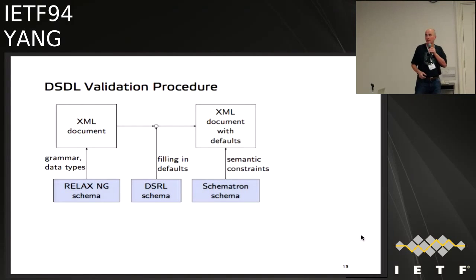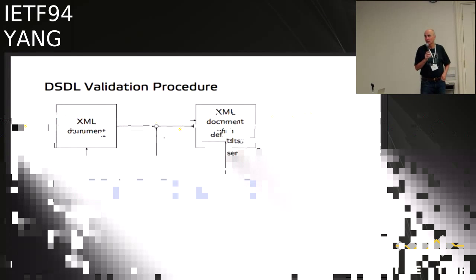So that's the first step. Then, before we can check the semantic constraints, we have to fill in all defaults that may be missing in the instance document, because that's the rule of Yang, that all the defaults have to be provided before the semantic constraints are checked.